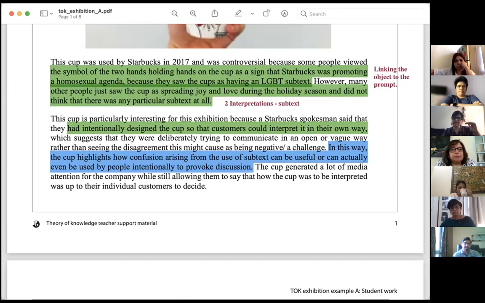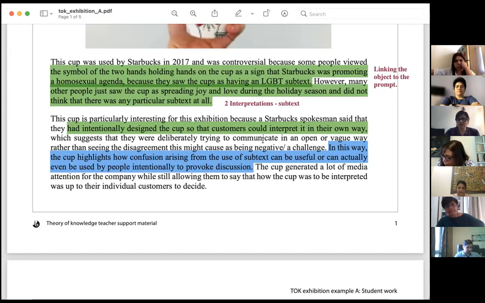So an angle that is being brought in where interpretations were for the Starbucks as a company, they wanted interpretations to be open and to be viewed in the way whatever people wanted to view them as. Now, in this way, the cup highlights how confusion arising from the use of subtext can be useful or can actually even be used by people intentionally to provoke discussion.